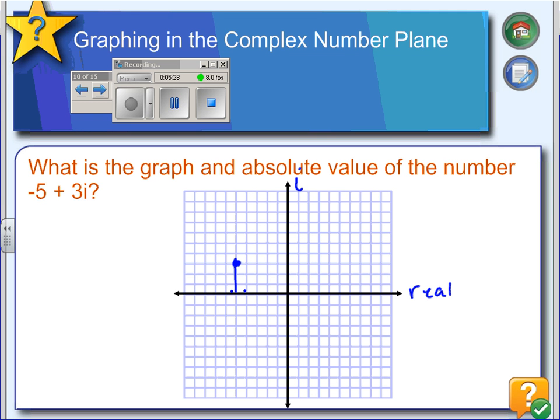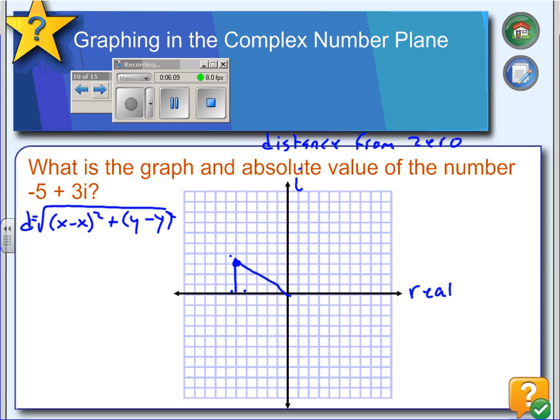So then to find the absolute value of a number is the distance from 0. So we're trying to find how far it is from our number to the origin. To find that distance, you use the distance formula, which you may remember from geometry. The distance formula equals the square root of x minus x squared plus y minus y squared.